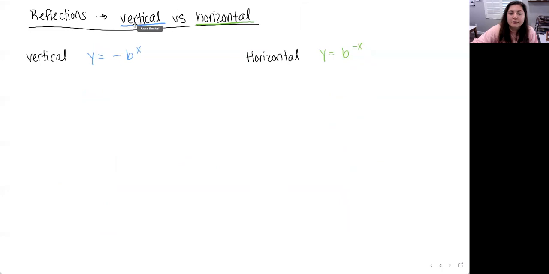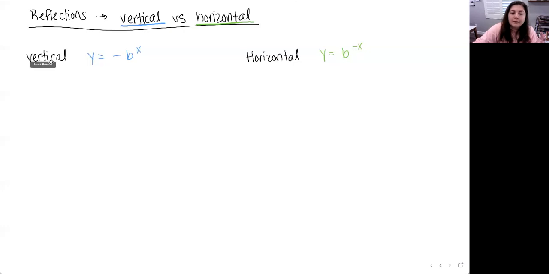Okay, let's talk about vertical and horizontal reflections. Now, the reason why I chose this exponential function here is because it just looks so much better and so much easier to explain. So if you're a seasoned Algebra 2 student, you know exactly what an exponential function looks like, but if you're not, you will eventually learn about what they look like, how to graph them, and all that jazz.